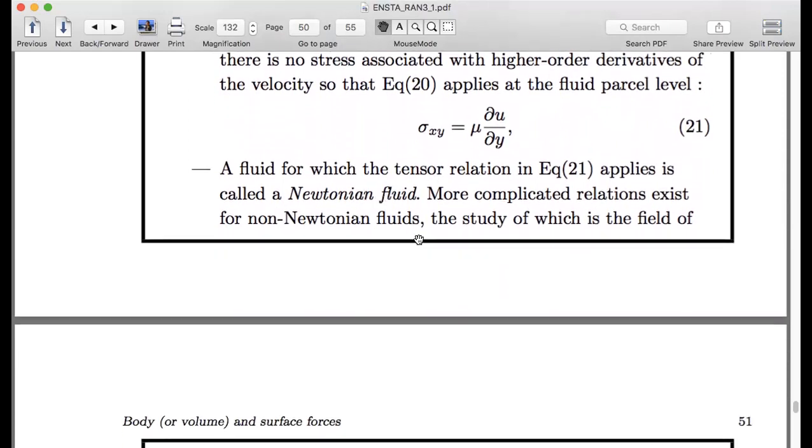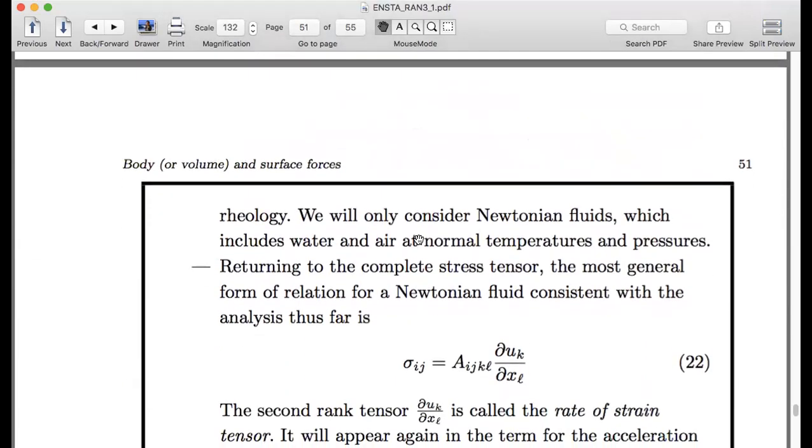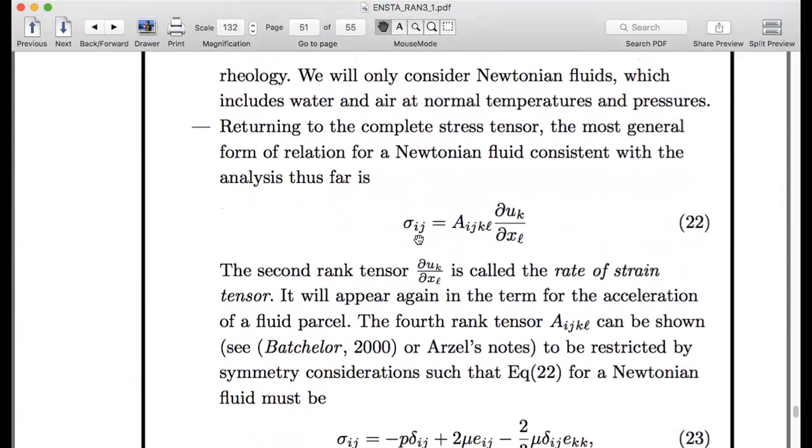I guess the field of rheology deals with fluids that are not Newtonian. Some paints, I guess, and complicated fluids are non-Newtonian and studied in the field of rheology.